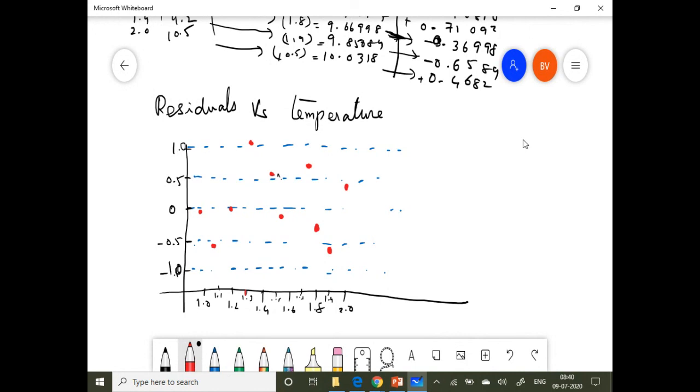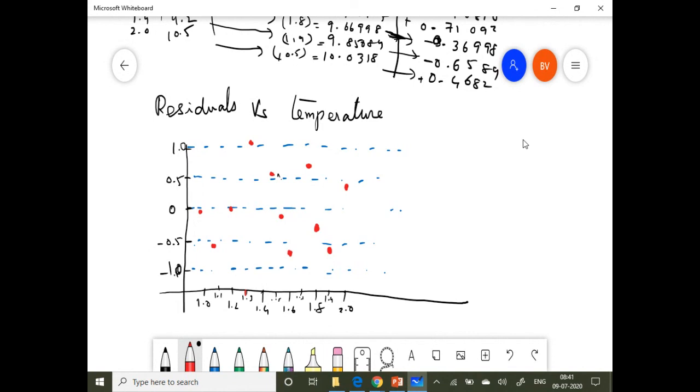For 1.7, positive 0.71. This is right. Okay. 1.6 will be negative 0.7. Negative 0.7 will be here. That's right.